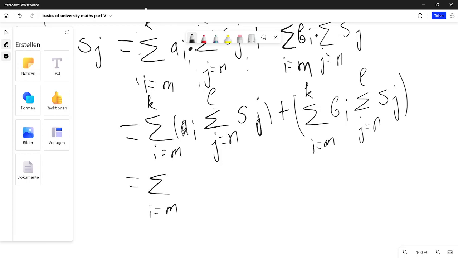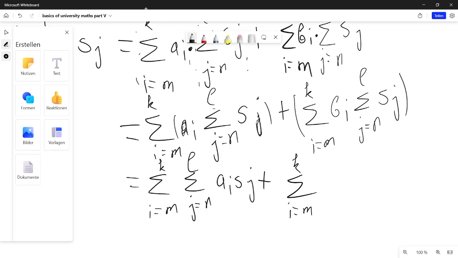And in each term of this sum, we can now apply distributivity law for this number and this sum, which finally gives us the distributivity law for sigma, which amounts to, okay, I already do that here same way, right? i is j, right?